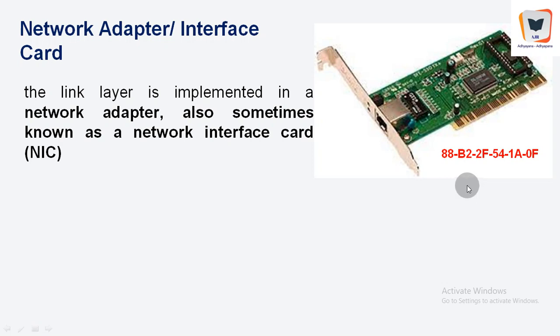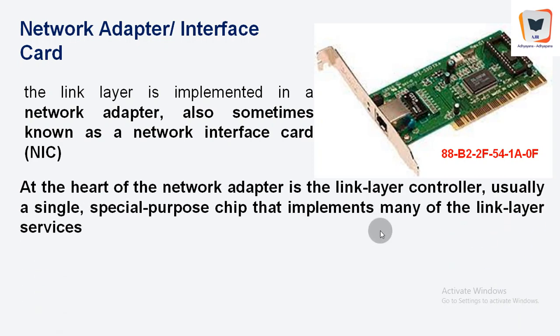So the geographical address is the IP address, and the physical representation of a node is the adapter card address or adapter card number. This adapter card number is issued by governing bodies like IEEE and IETF, that is Internet Engineering Task Force.